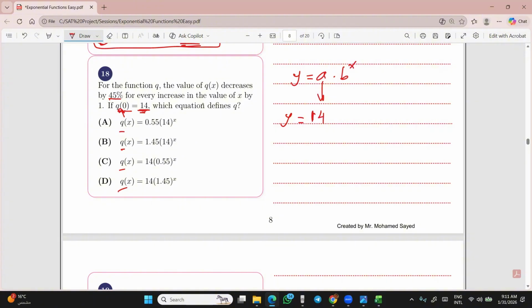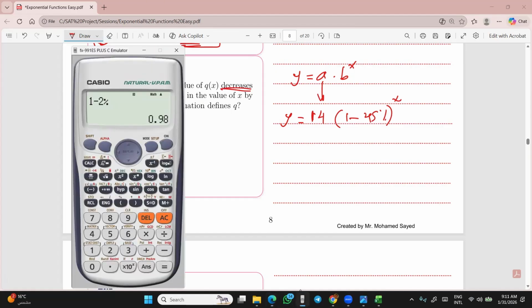B is decreased by 45%, which means 1 minus 45%. And then the x comes up in the exponent. You can use the calculator to write this part only: 1 minus 45%, 1 minus 45, and the percentage can be written like this, 45.